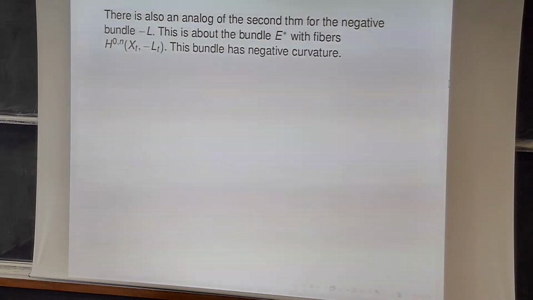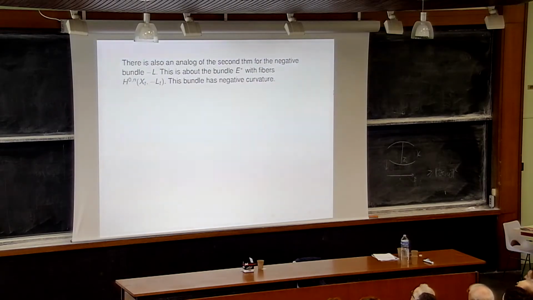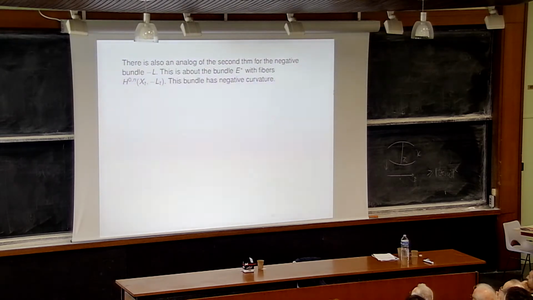Okay. Now, to get a little bit closer to what I'm going to talk about now, there is also an analog of the second theorem for the negative bundle minus L. So you look at the dual, minus L, of L, which is now a negative bundle instead. I still assume that L has positive curvature along the fibers, so minus L has strictly negative curvature on the fibers.